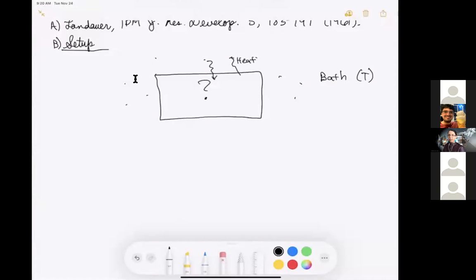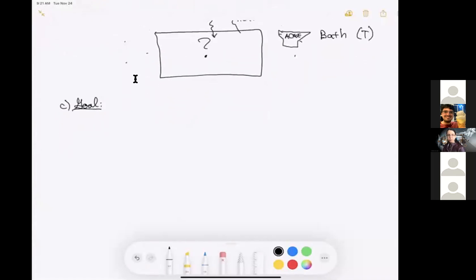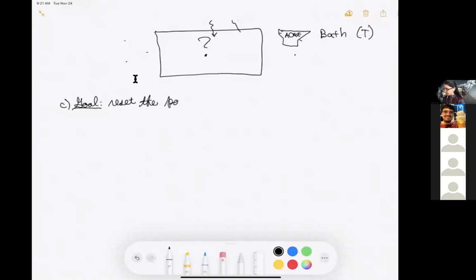And we have a reservoir of energy that can serve as work, such as a raised Acme anvil, which stores gravitational potential energy. Our goal is to reset the particle's position to a well-known state, namely to the right-hand side of the box.